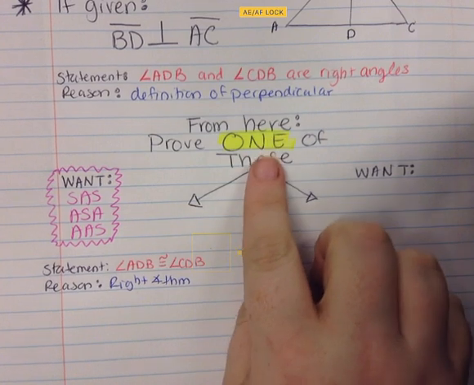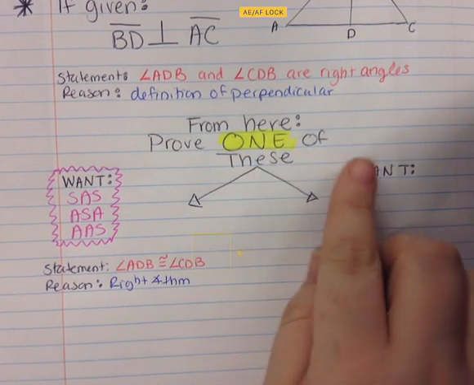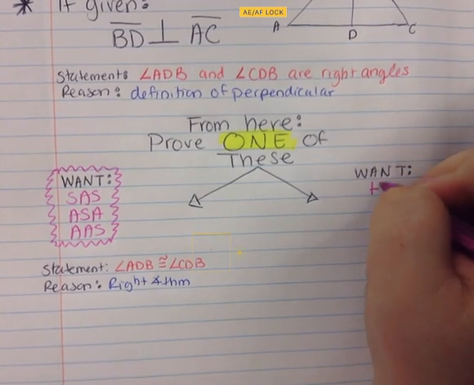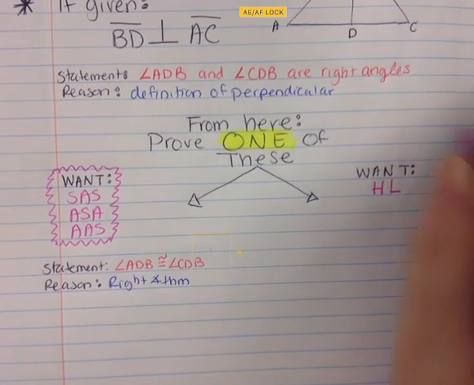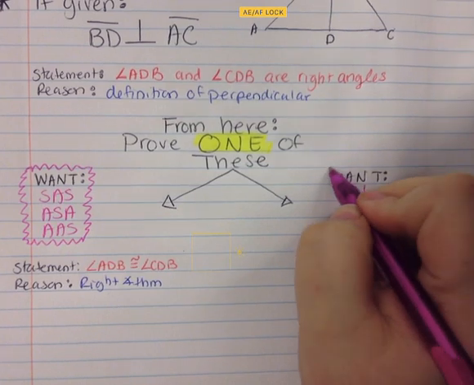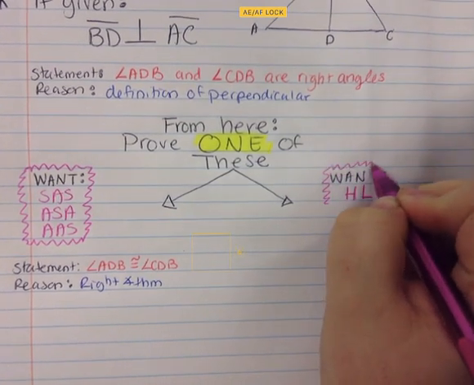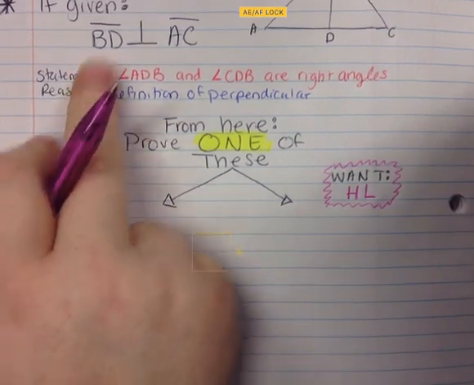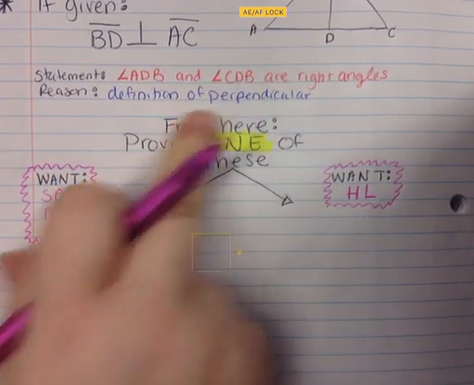But if you are wanting to prove HL, if you see that that's where you're trying to go, then you actually go a different direction. So again, you have your statement that you have right angles because of perpendicular.